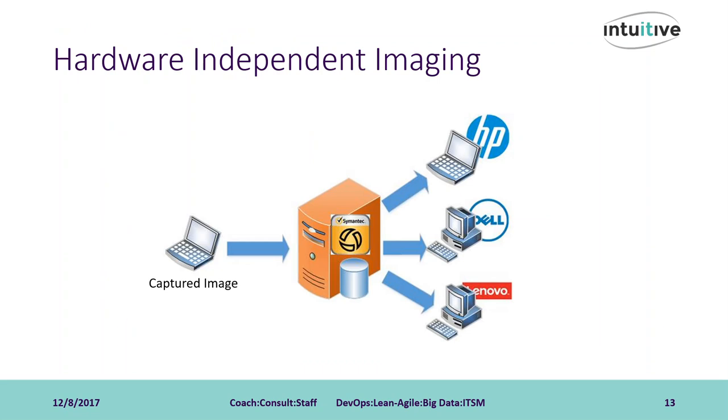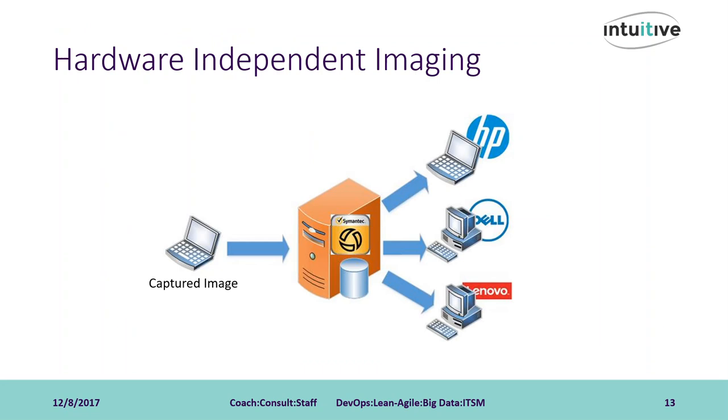Here's a graphic to help explain how the hardware-independent imaging model works. So, hardware-independent imaging, or HII as it's referred to, enables your organization to capture one operating system image and later deploy the same image to multiple machine makes and models across the organization.